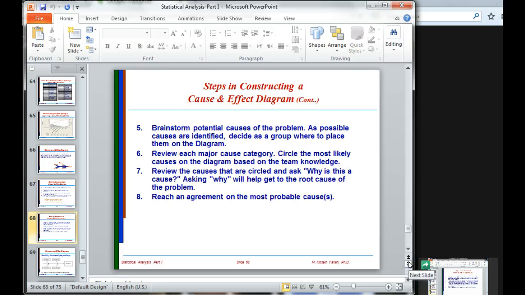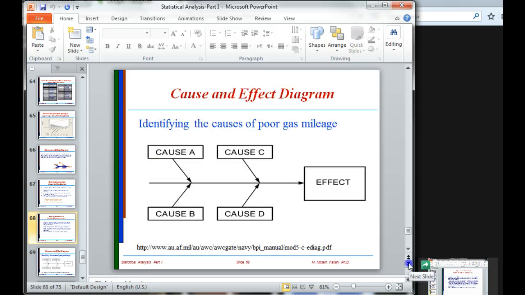And then you brainstorm and say, okay, why could this be, and people with ideas, particularly those who are familiar with the process, can come out with the potential causes for the problem, potential root causes. When you start asking why is this a root cause, and why is this a root cause, you're adding more and more detail, but at the end you can sit back and look at it and say, okay, among all of these potential problems, which one do you think is the most likely problem?